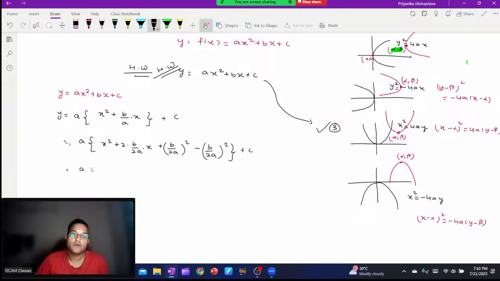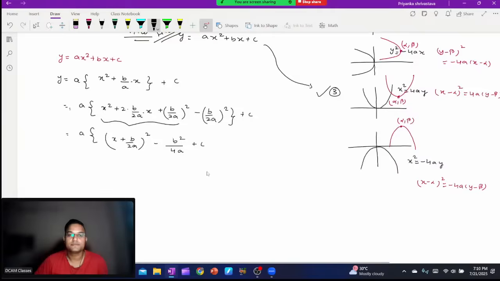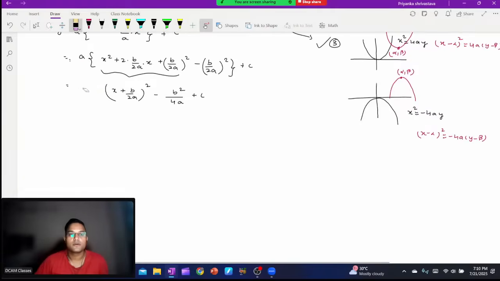Now a into this part I will write as x plus b by 2a whole square, minus b square by 4a plus c, which is equal to y. Now y will be equal to a into x plus b by 2a whole square plus 4ac minus b square by 4a.